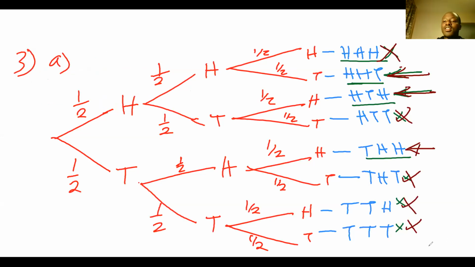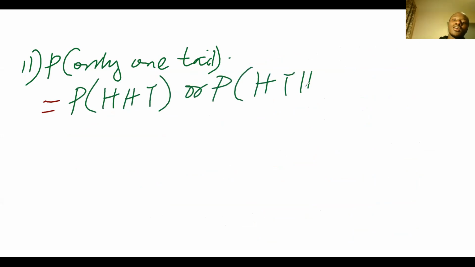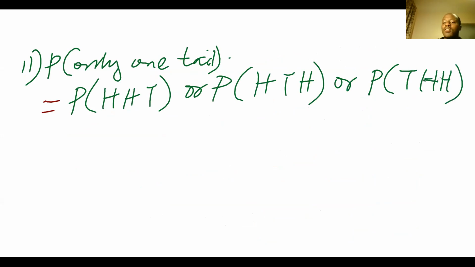So it's head, head, tail, head, tail, head, or probability of getting tail, head, head.